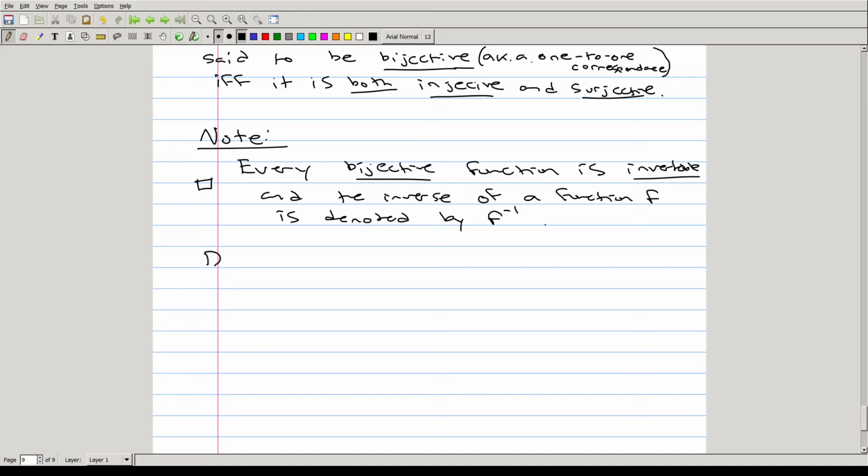And another word for a bijection, or if there exists a bijection between two sets, we say that the function is a set theoretic isomorphism.